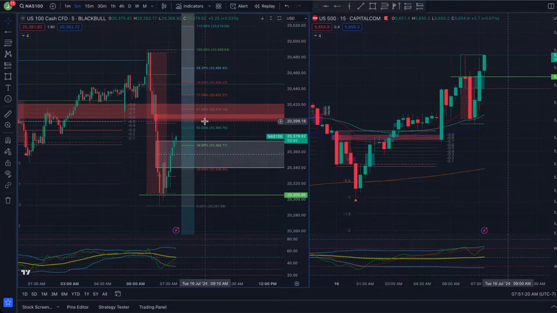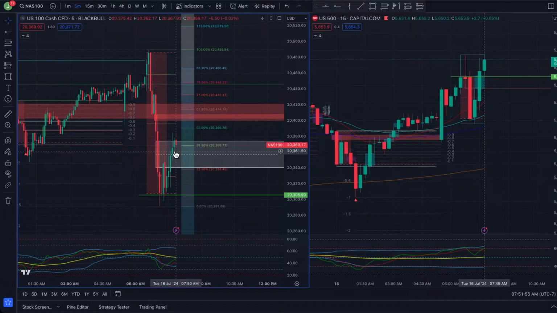Slowly making a move up. US 500 just took out the previous highs. Getting some rejection here on NAS.